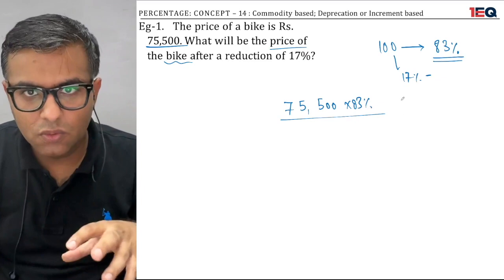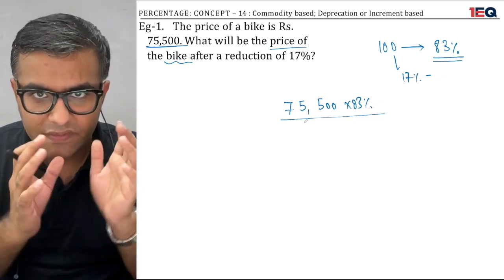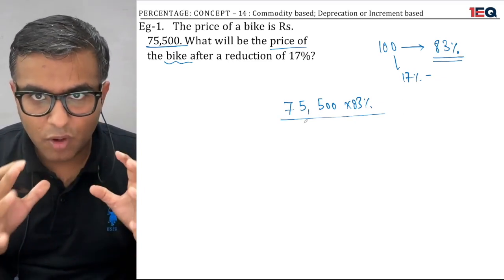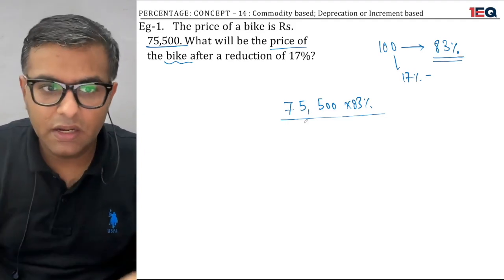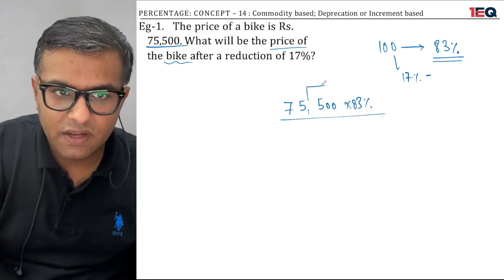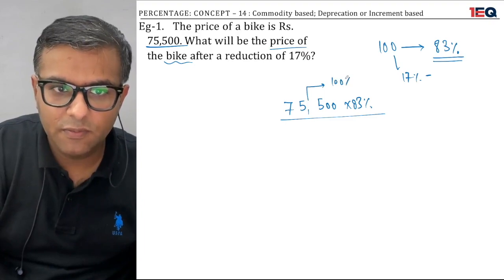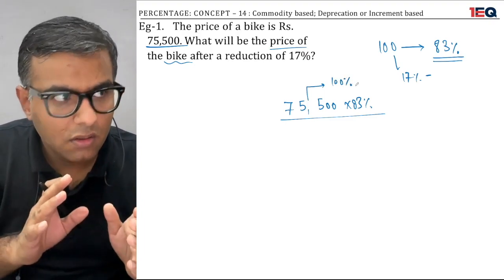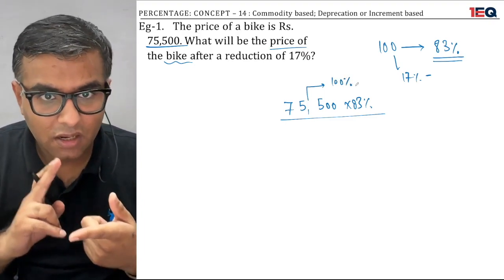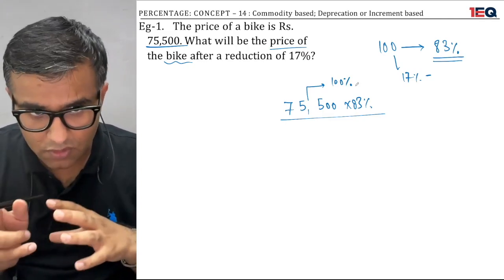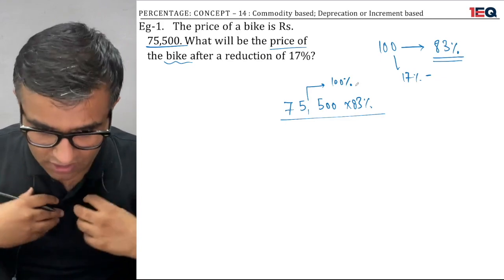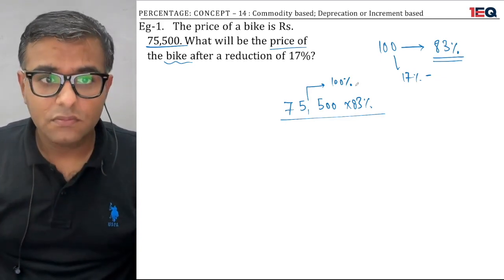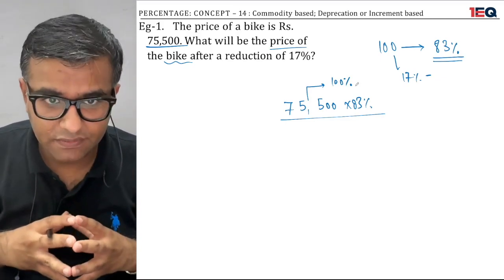Now I have a really cool thing to give you. 75,500 is the proper amount, the original value. Had I multiplied this 75,500 by 100%, the output would be equal to 75,500, because I am multiplying it with one quantity which is complete in itself.